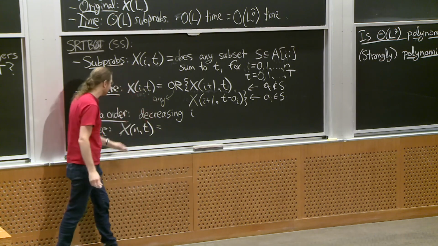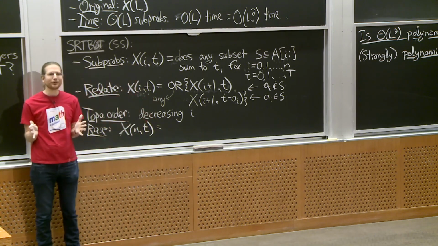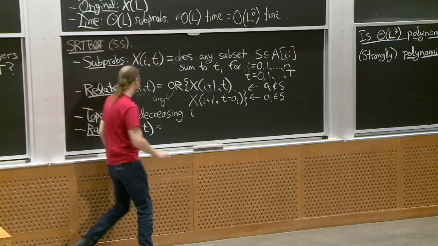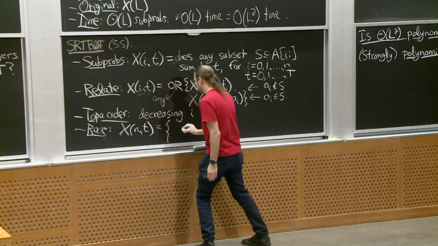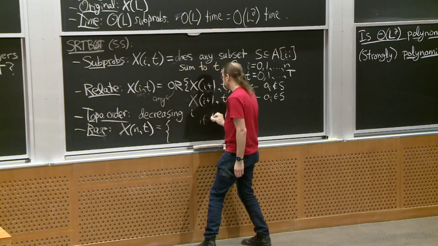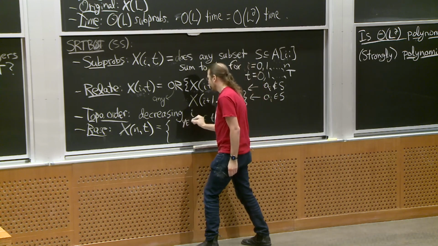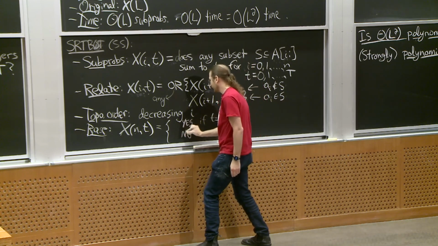But this is easy. So this is saying, if I give you no numbers, what sums can you represent? And the only sum I can represent is 0. OK, so if t equals 0, then the answer is yes. And otherwise, the answer is no.